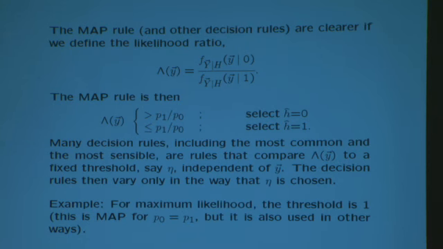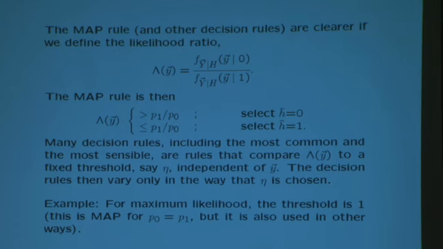Many decision rules, including the most common and the most sensible, are rules that compare lambda of y to a fixed threshold. Say eta is P1 over P0, which is independent of y. The decision rules then vary only in the way that you choose the threshold. Now, what happens as soon as I call this eta instead of P1 over P0? My test becomes independent of these a priori probabilities that statisticians have thought about for so long.